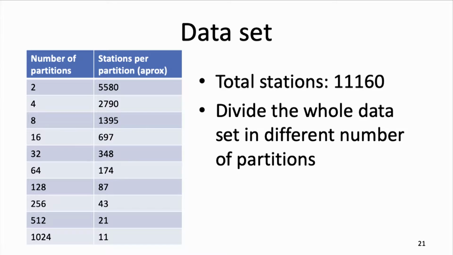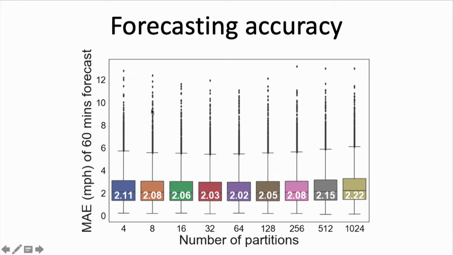For the data set, we have the 11K data set, and we partition it into 2 partitions, 4 partitions, up to 1024 partitions. These are the numbers of nodes for each of these partitions.